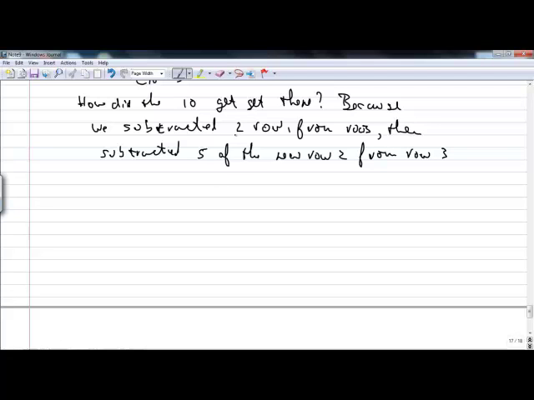So the 5 times the 2 is what's giving us the 10. So doing it in that order, row 1 affects row 3. The first row affects the third.